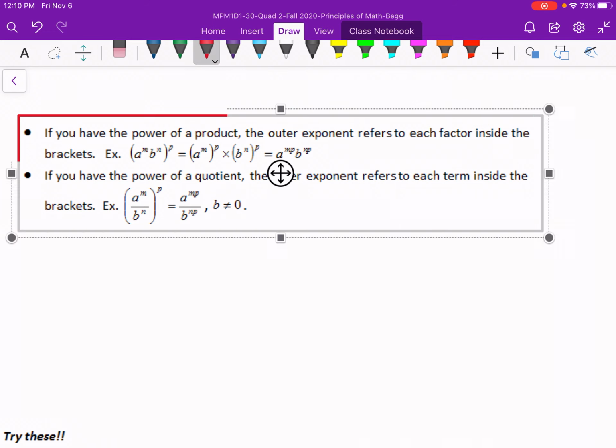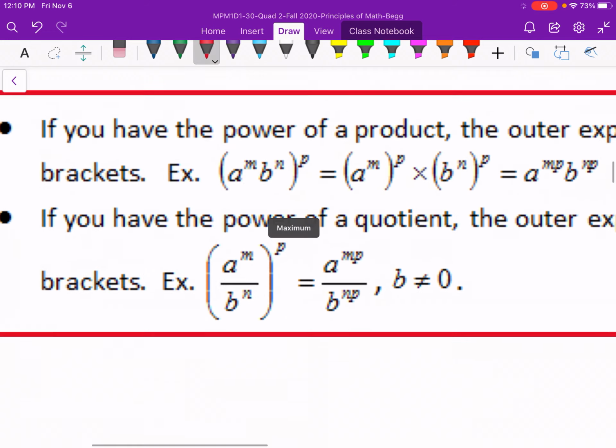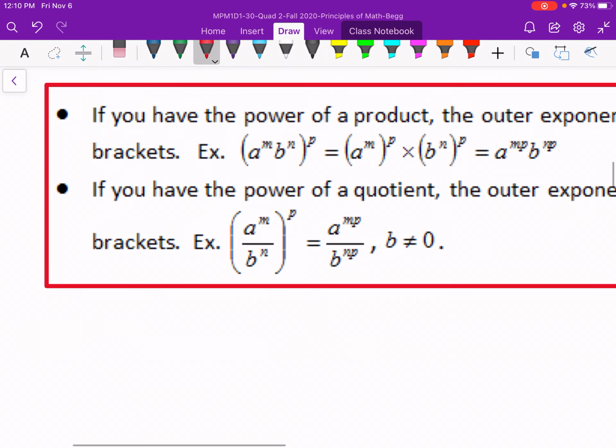Really important. So, what this one's saying is, let's look at this part. If I have, let's see, all right, just start with some new colors today.